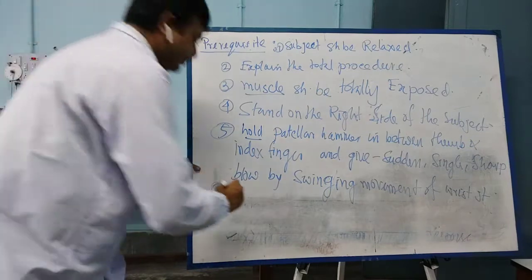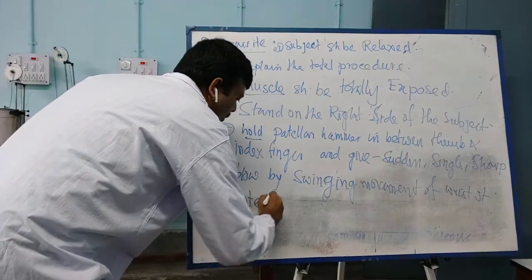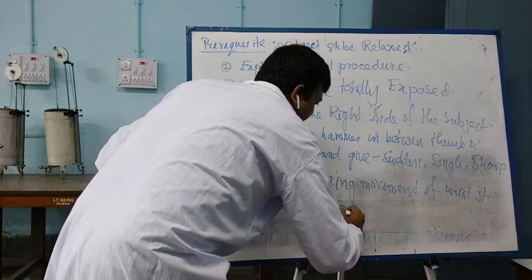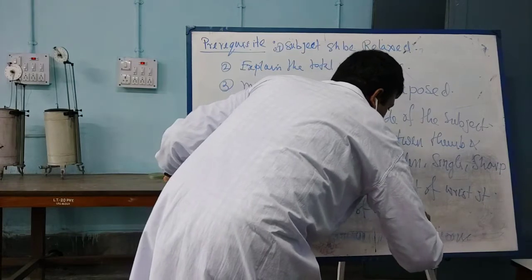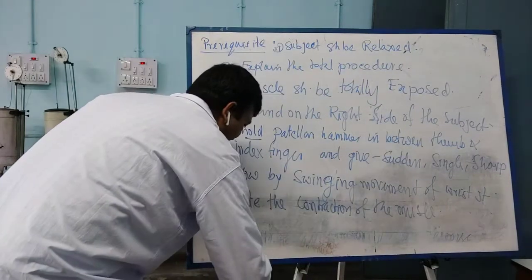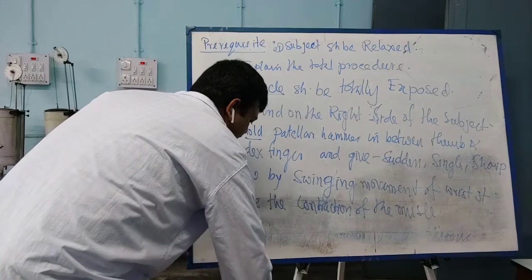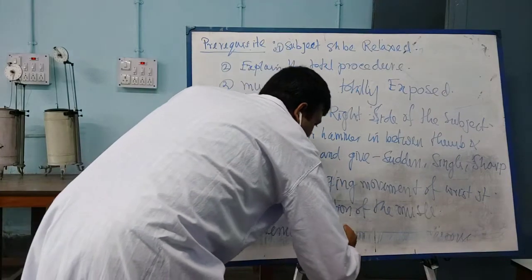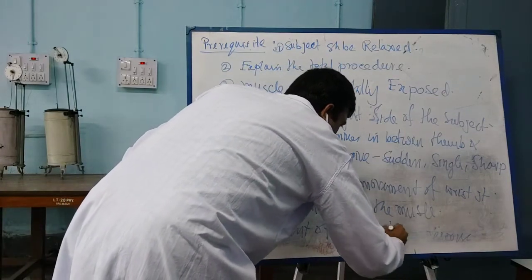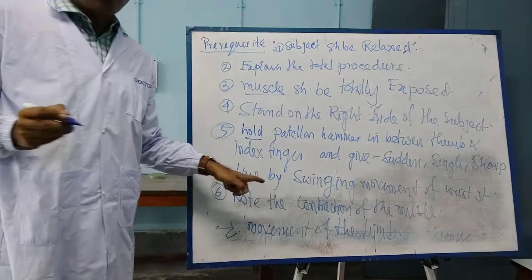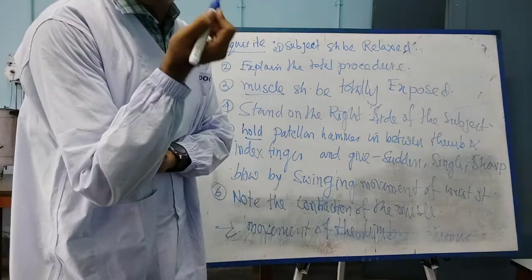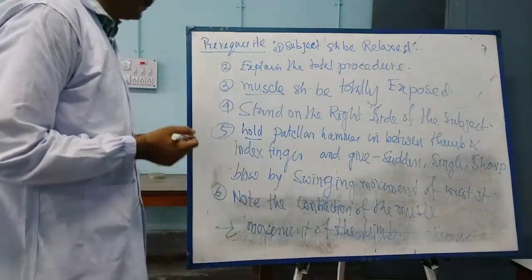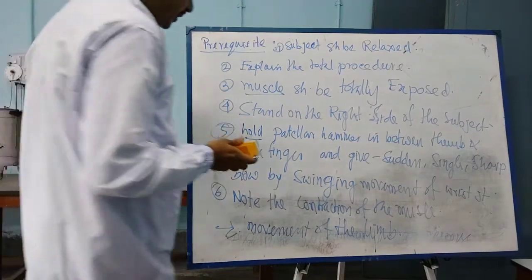Now note the contraction of the muscle first, followed by movement of the limb, flexion or extension of the corresponding limb.